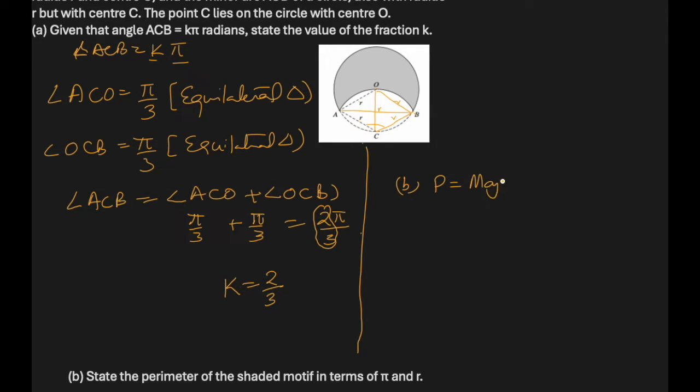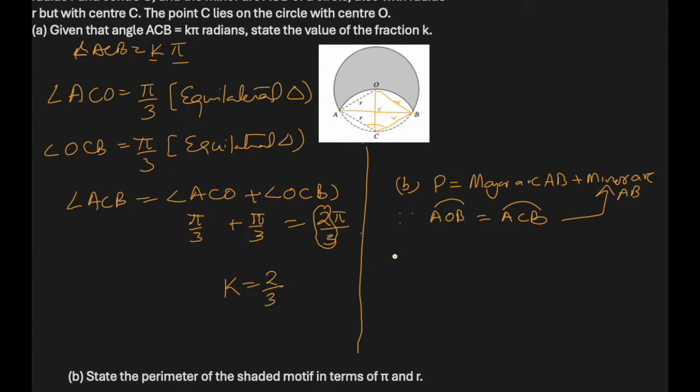So we can write the perimeter: major arc AB plus minor arc AB. Why? Because AOB arc is same as ACB arc, which is minor arc AB, right?